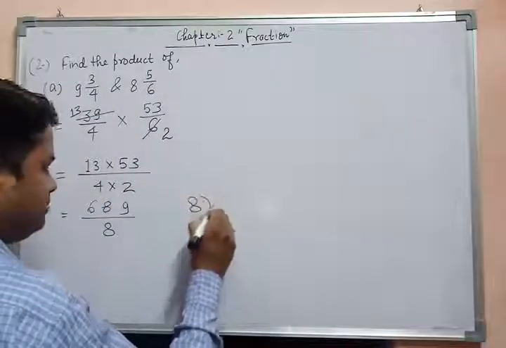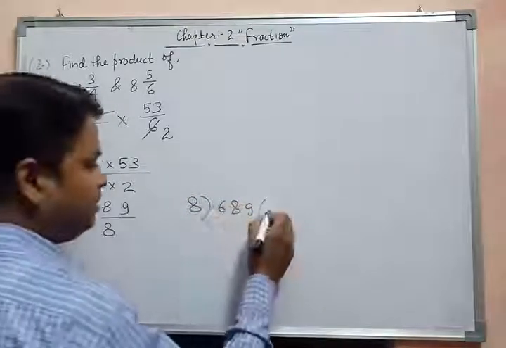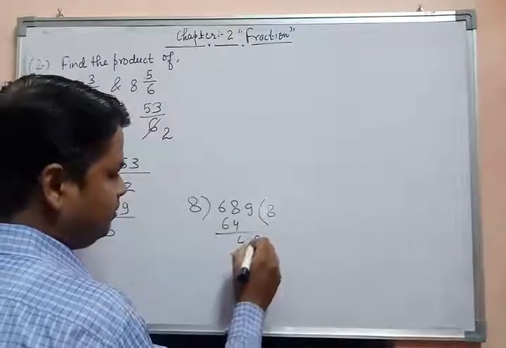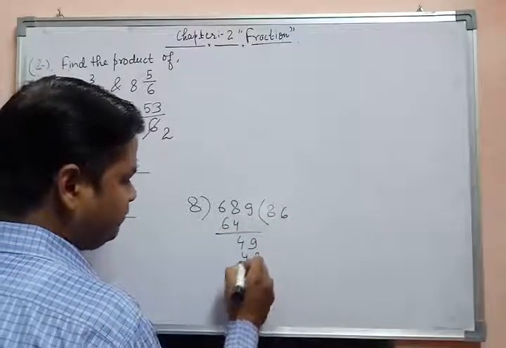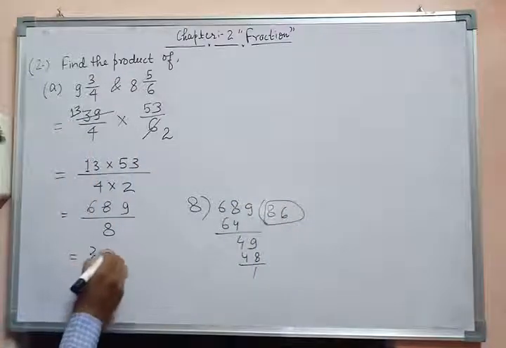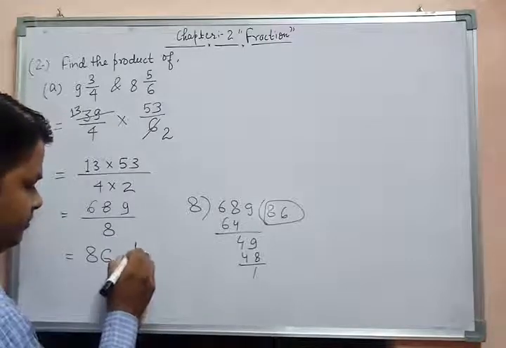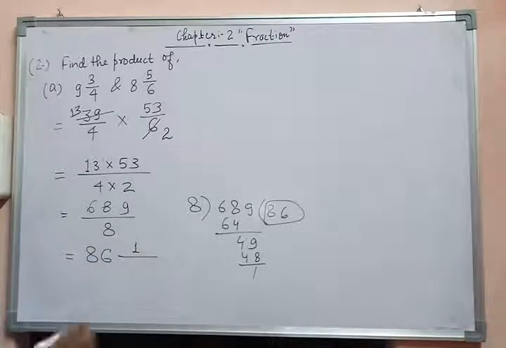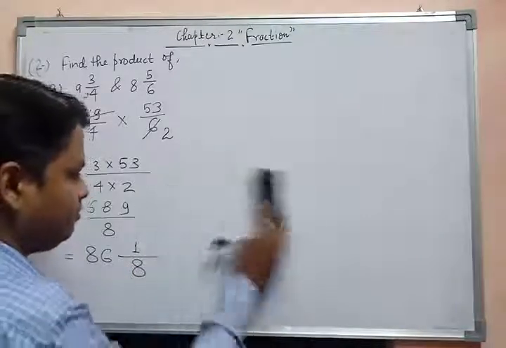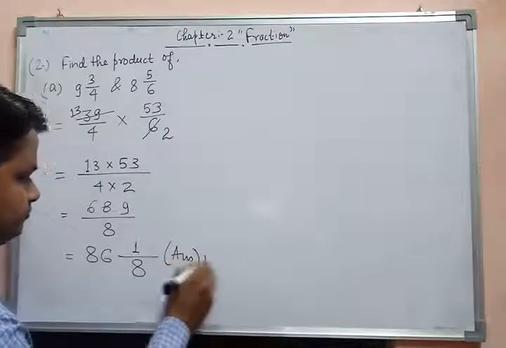How can we change it? 8 8s are 64, then we get 4, and 8 6s are 48, then we get 1. 8 is the quotient, you write 8 as the whole number, 1 is the remainder, so you write 1 as the numerator and 8 as the denominator. So this is the answer of this question.